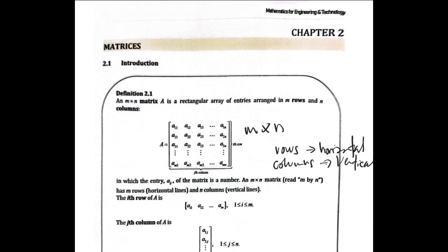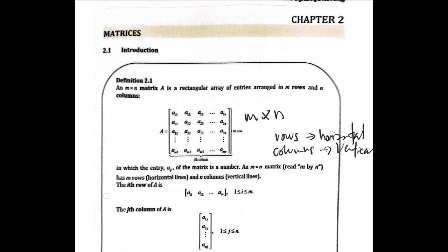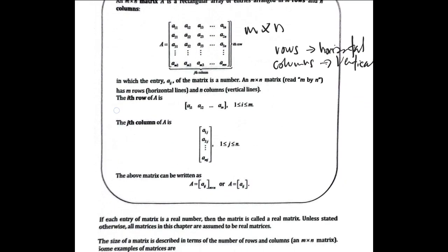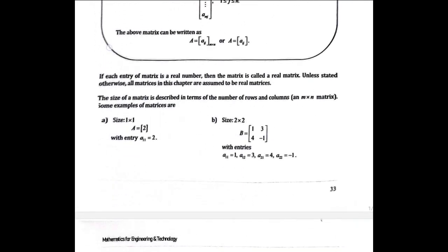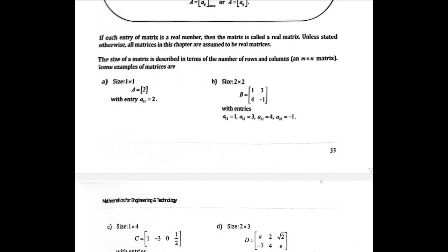The size or order of a matrix describes how many rows and columns it has. For example, a 1 times 1 matrix has 1 row and 1 column.